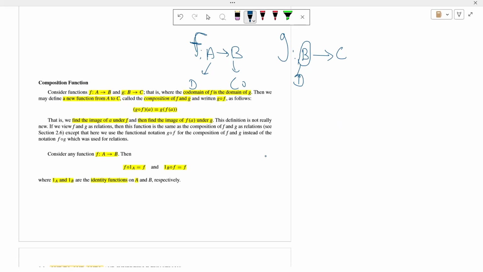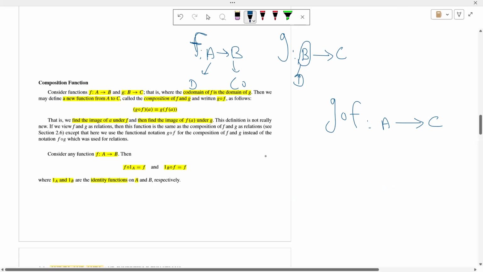Then for these two functions we can write a composition function. To write the composition function, we write g of f, from A to C, right? This is similar to the previous one, like A plus B plus C is equal to A plus B plus C. The composition means you have two functions: f from A to B is one function, and g from B to C is another function.